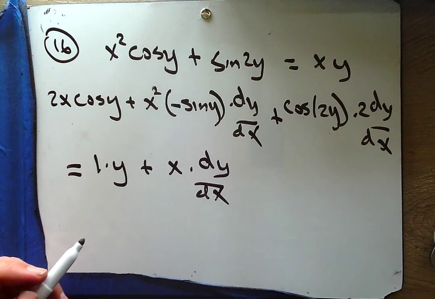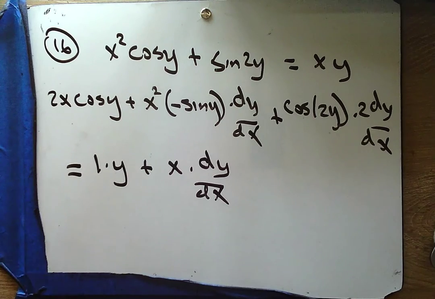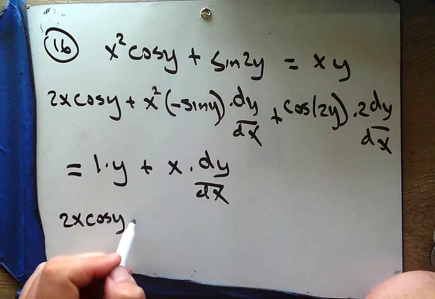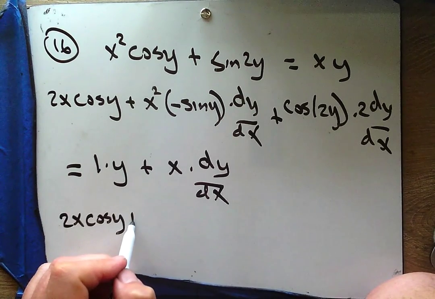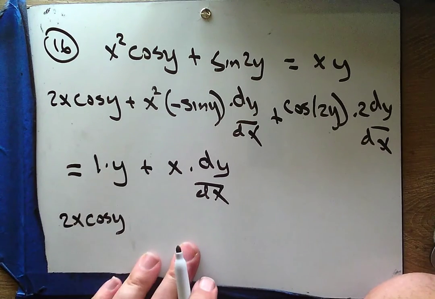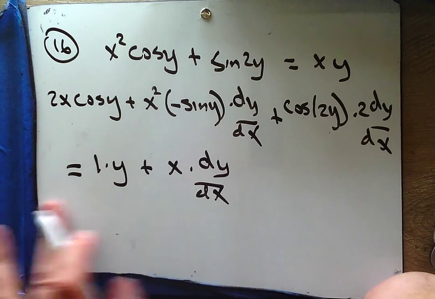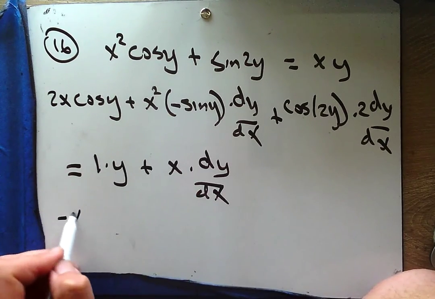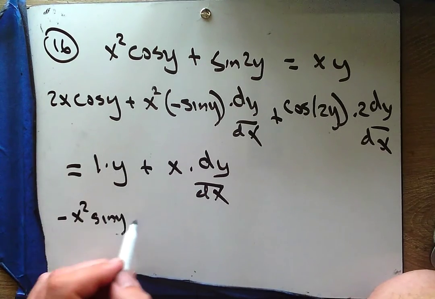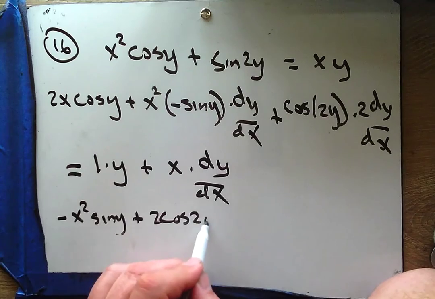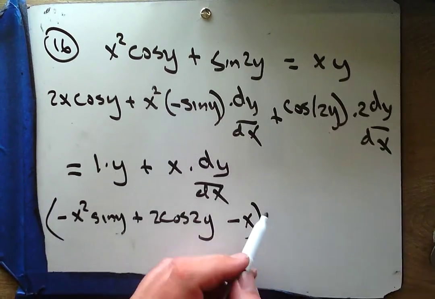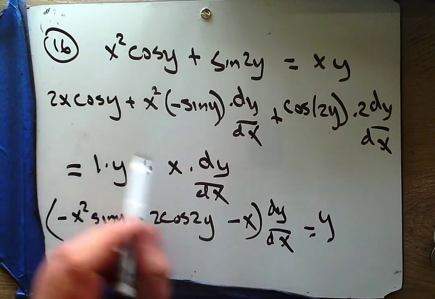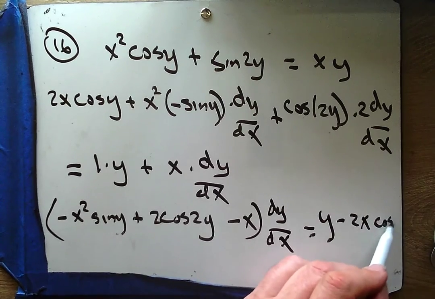Okay, let's move all the dy/dx to one side and all the not dy/dx stuff to the other. So I have 2x cosine y, well, maybe I'm going to just move the dy/dx stuff over there. So I'm going to have negative x squared sine y plus 2 cosine 2y minus x dy/dx equals y minus 2x cosine y.